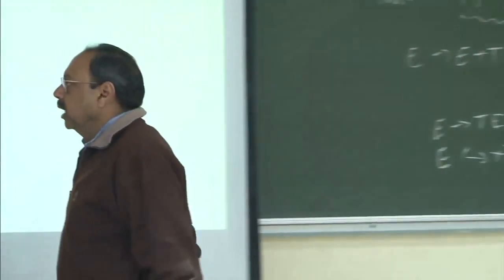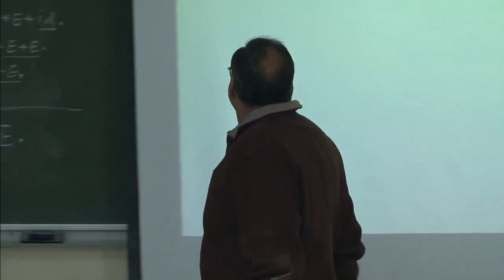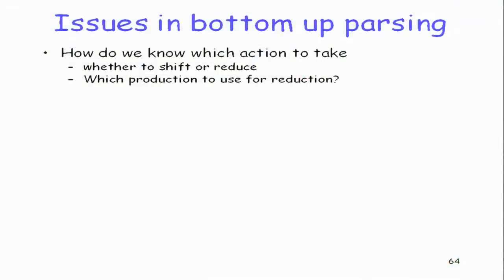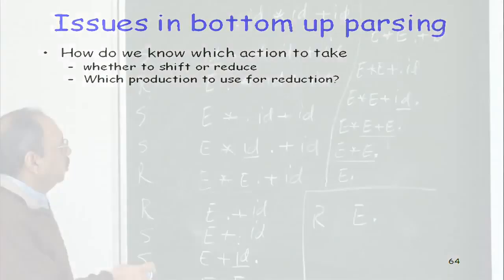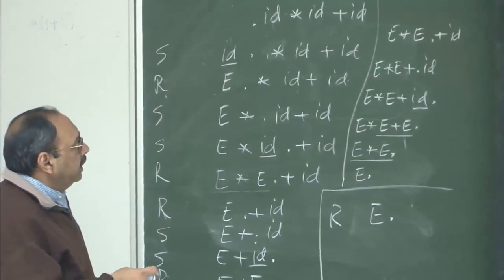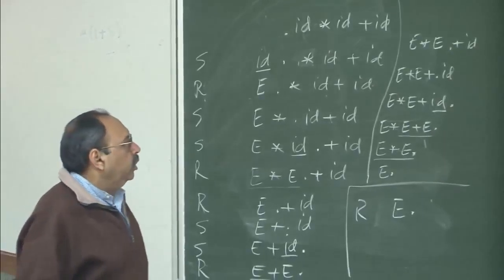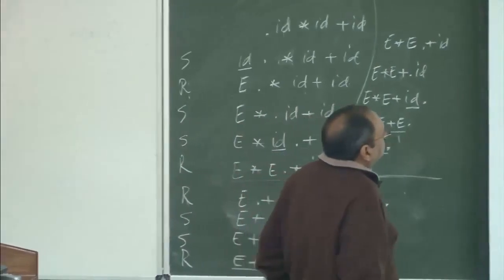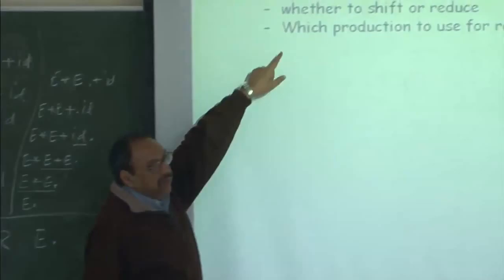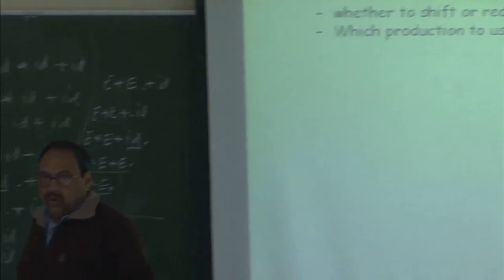Now let's also simultaneously look at what are the issues I may face in a bottom-up parser. So the first question, which you have not answered, is when to shift and when to reduce. In this case I was doing a reduce, and in this case I was doing a shift. I should be able to clearly answer that, and then I should also be able to say which production I want to use for reduction, because there may be situations where I may have more than one right-hand side matching of a production.